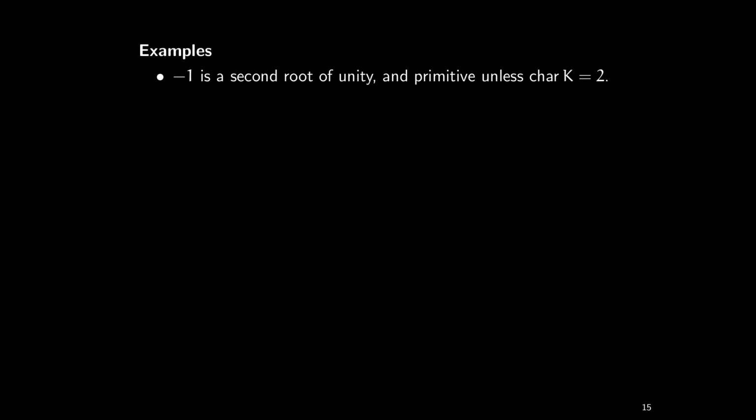In the terminology introduced in the definition, that means that minus 1 is a primitive second root of unity. And to be very precise, I have to exclude the case where the characteristic of K is 2, because in that case 1 and minus 1 are the same, and then it's still a second root of unity, but not a primitive one, because minus 1 to the 1 in that case would already be 1.